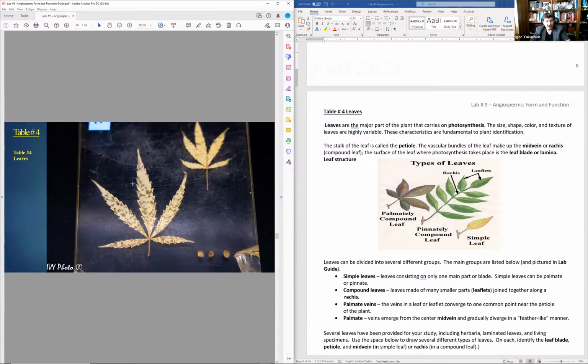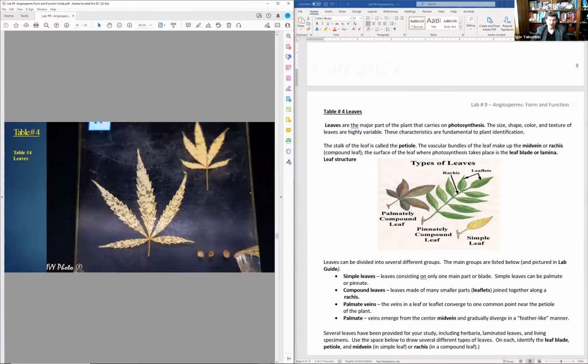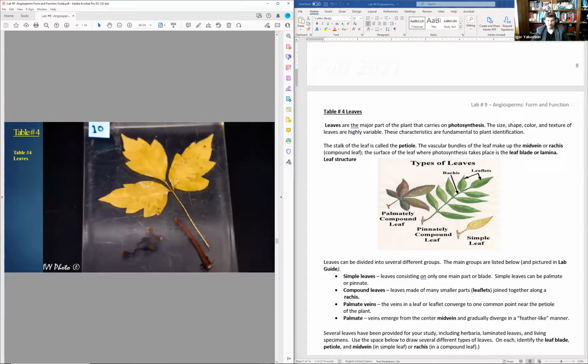So it's a compound palmate leaf. Not venation. I'm not talking about venation. I'm talking about the leaf. Compound and then the arrangement. Compound pinnate, compound palmate.